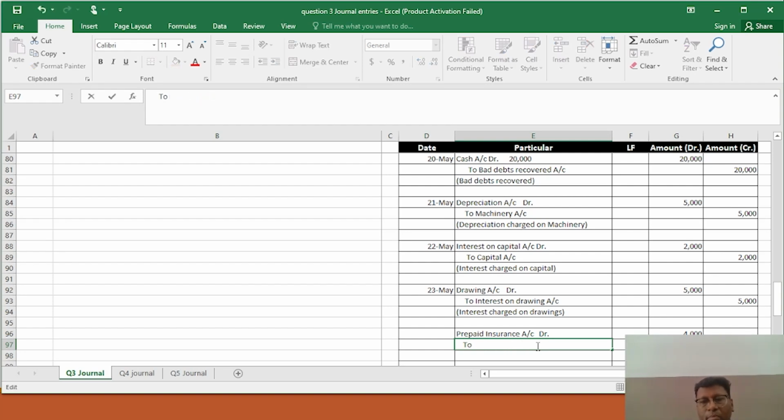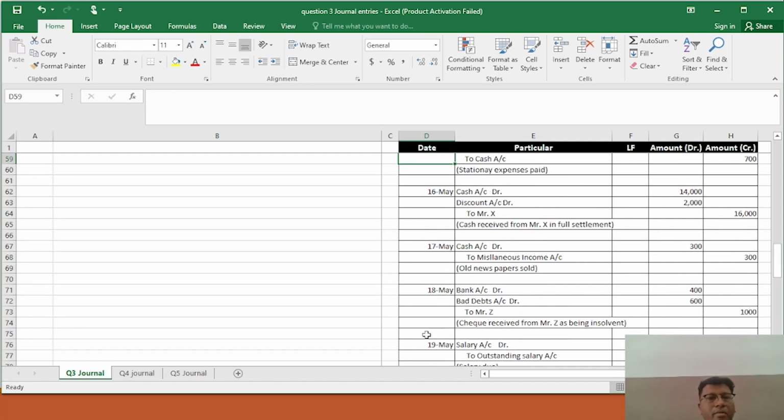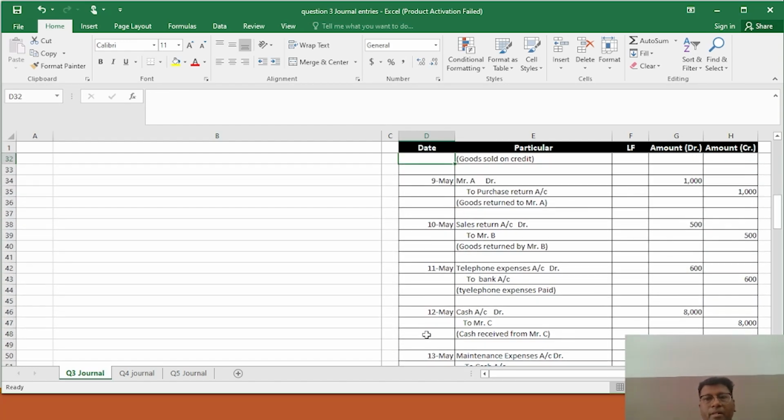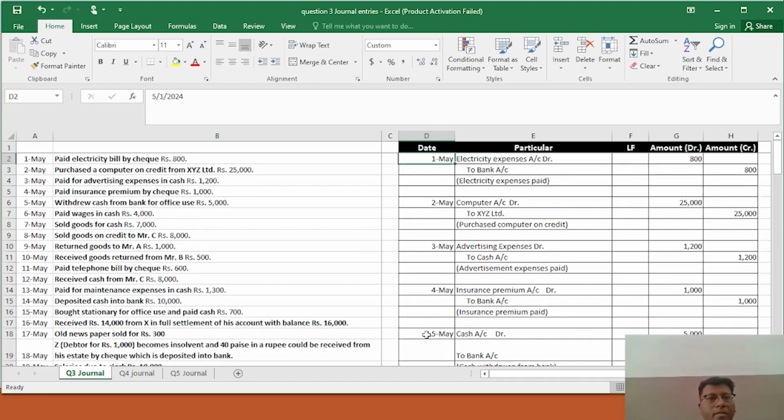Prepaid insurance account debit to insurance, okay, we mention here insurance, because prepaid insurance. Okay, so entry is 24th May, right? Prepaid insurance. Okay, so this was the particular transaction.